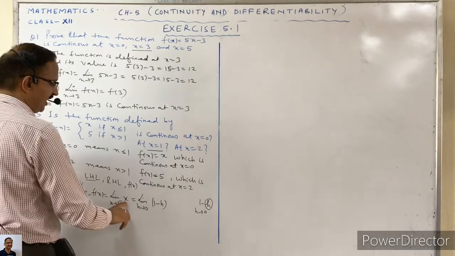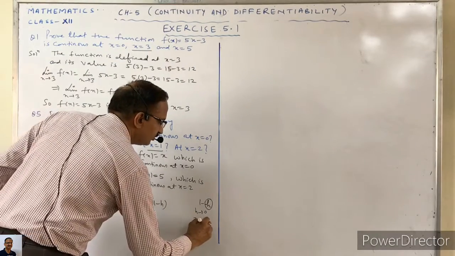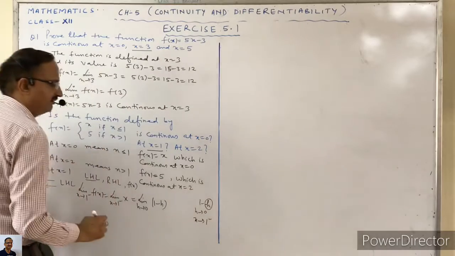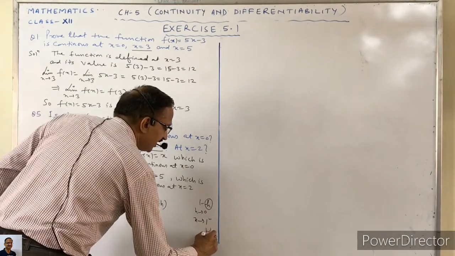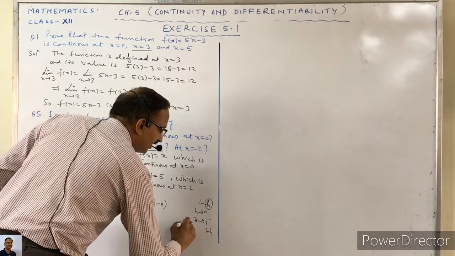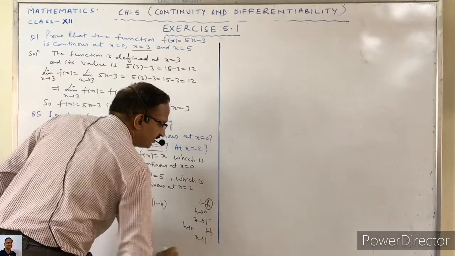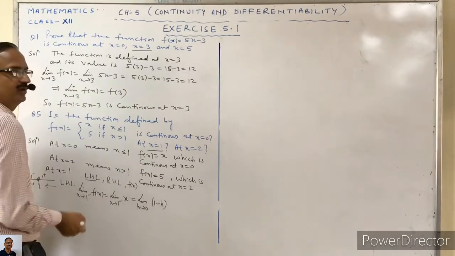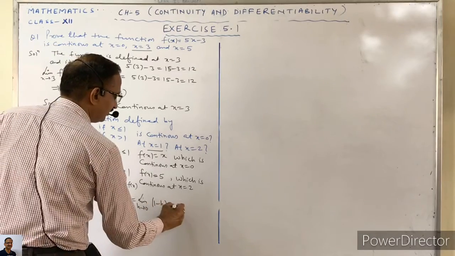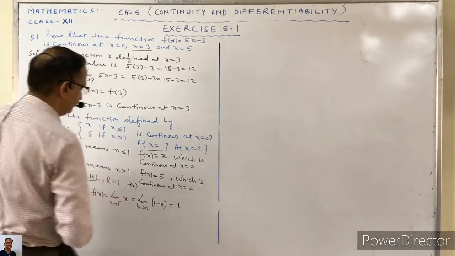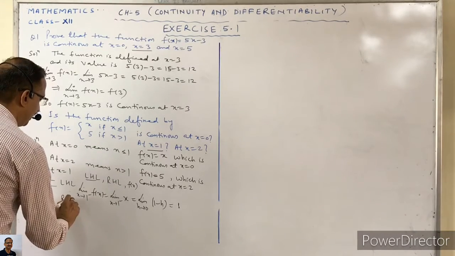So when I write 1 minus h, when h tends to 0, x tends to 1. Now by using the property of limit, when we solve this, we will get 1. Okay? Now, right hand limit.